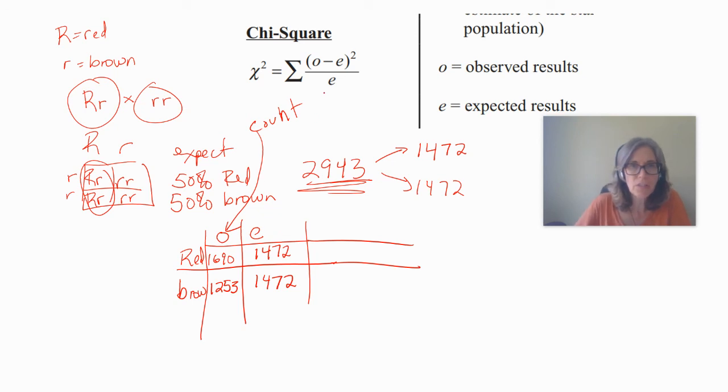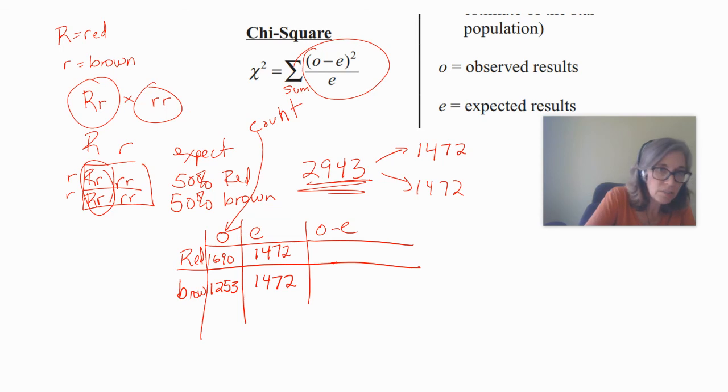Okay, so the first thing that I do, remember, this thing right here means sum. That's what I do at the end. First, I'm going to do this. If you remember your order of operations, parentheses come first. So observed minus expected. I'm going to get 1690 minus 1472, and that gives me 218.